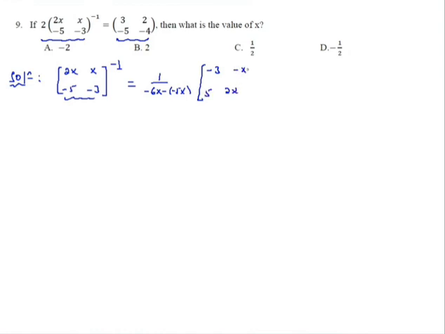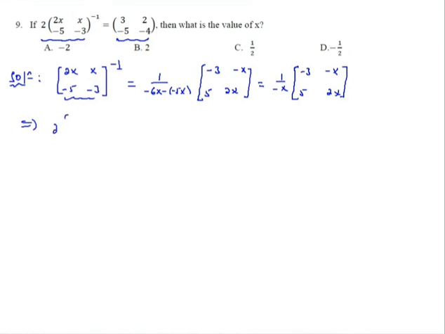Okay, so this is how you calculate the inverse. So this becomes 1 over minus x times minus 3 minus x 5 2x. Okay, ይሄንን እናገኛለን.